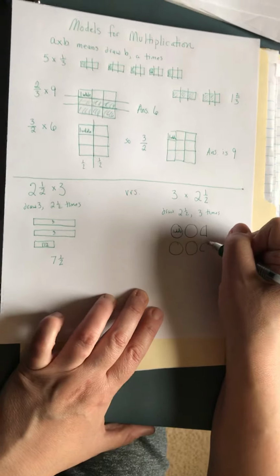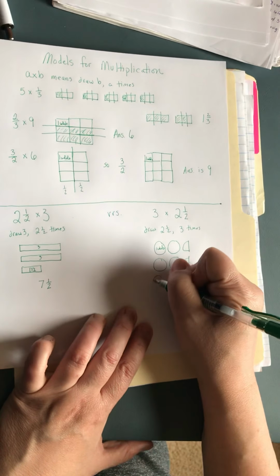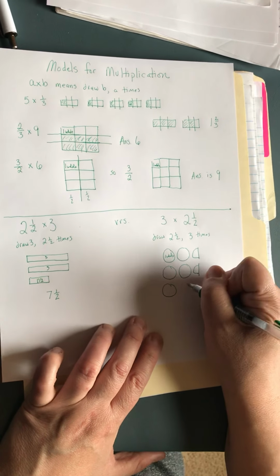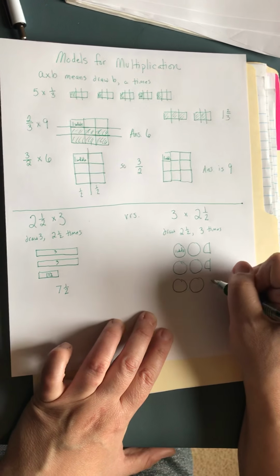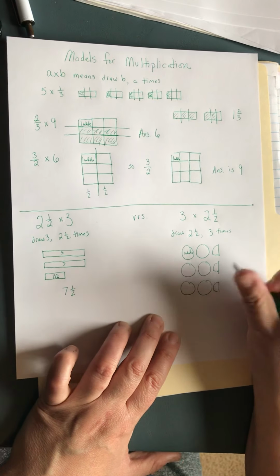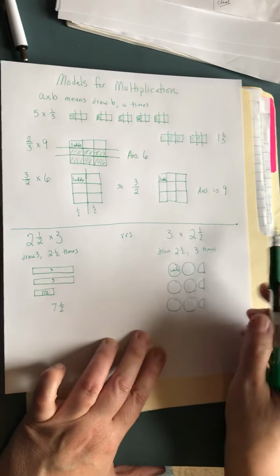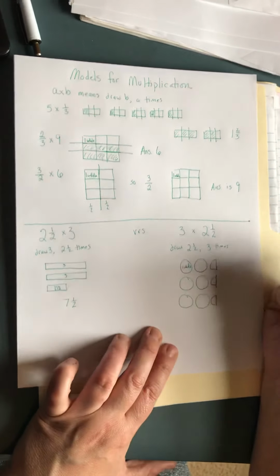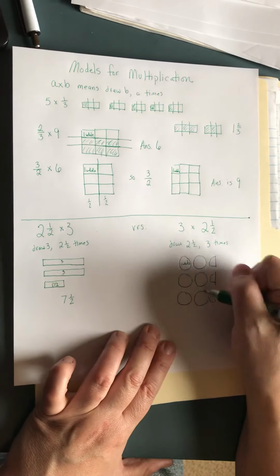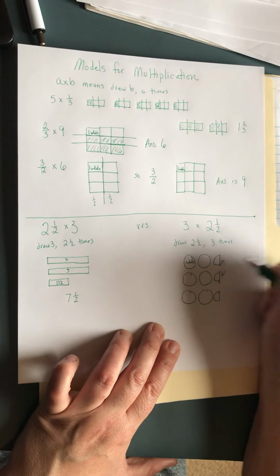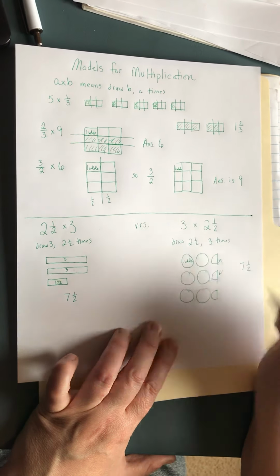Notice my two models look very different for the same problem. Whatever I put on a test, quiz, or homework, I like you to try to follow the literal meaning of the product, but if you do it the other way around, I always give full credit. And again, I can see here these become a whole, and I can see here 7.5.